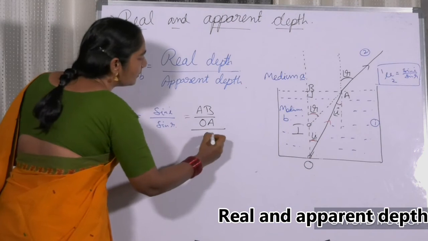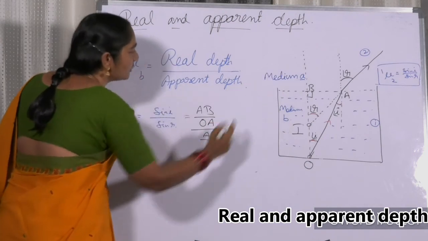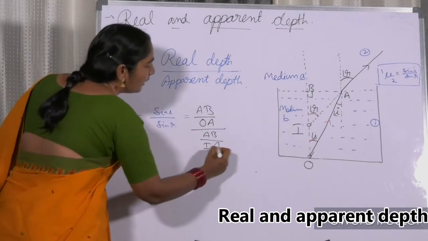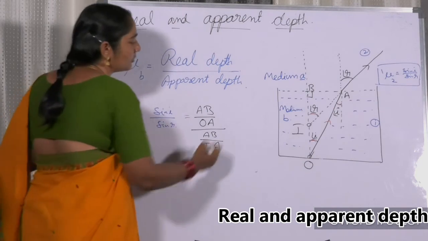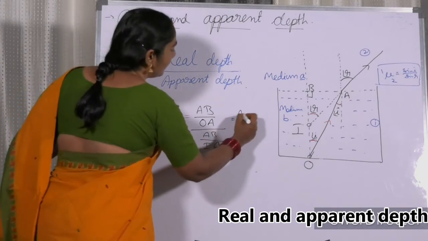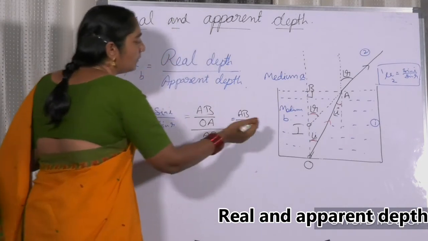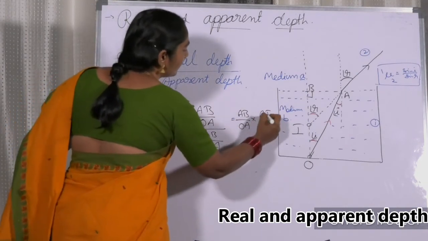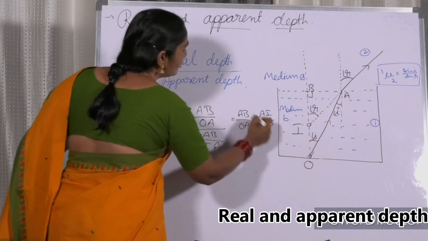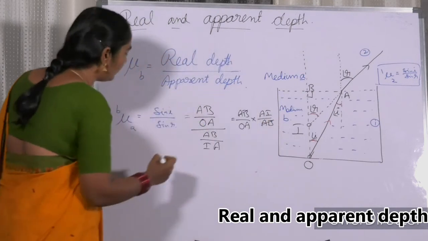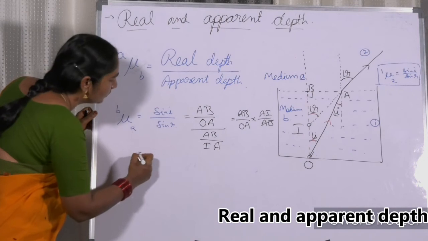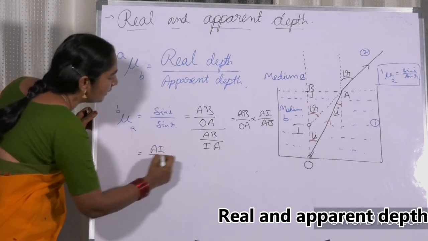So that is AB by OA divided by AB by IA. You can take the reciprocal of it, and these two AB get cancelled. So now this is equal to AI by AO.